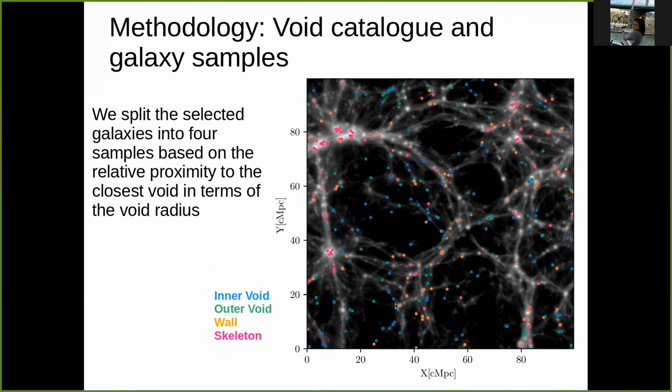This visualization of the stellar mass and dark matter distribution of the simulation shows how well defined our samples are, which are the points with different colors. For instance, wall and skeleton galaxies lie in the thin filaments of the dark matter distribution, or in the dense regions, whereas inner and outer voids are located in the underdense regions in the simulation.